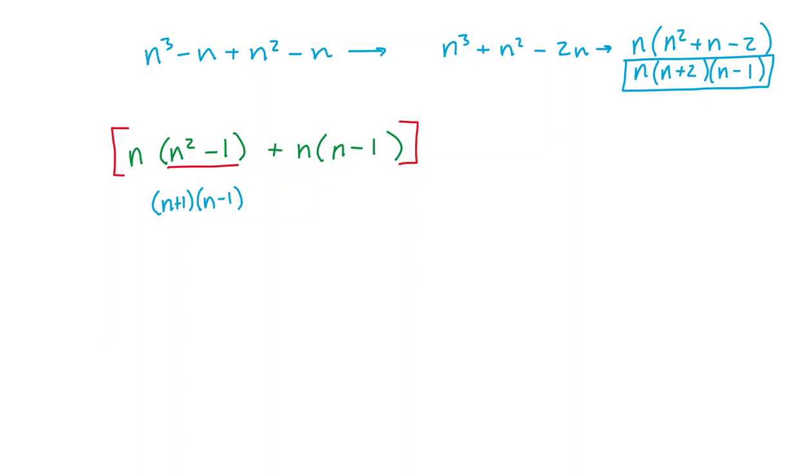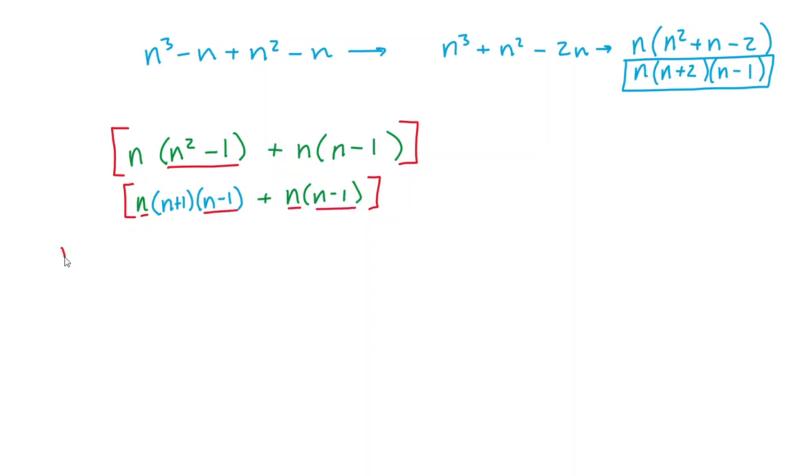Now, if we just bring down the rest of the problem here, n plus n times n minus 1. Now, what do these two binomials have here? Well, this is a binomial, right? This is two terms. The first term is n times n plus 1 times n minus 1, and the second term is n times n minus 1. So there's an n and an n minus 1 in both cases.